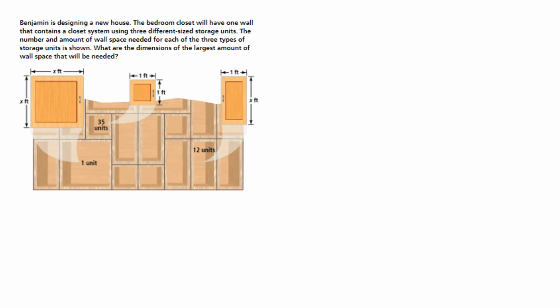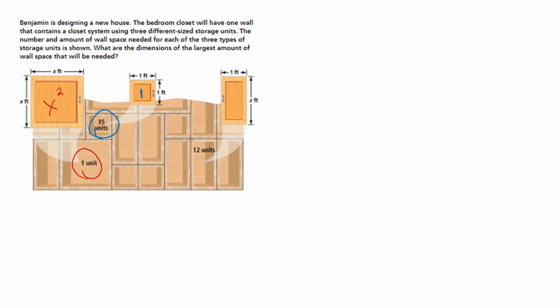And then lastly, what if we had an application problem, a word problem? So here we have a bedroom closet with a whole bunch of these things. We have one big x times x, so that's x squared. There's one of those. We have 1 times 1s, which is 1. There's 35 of those.